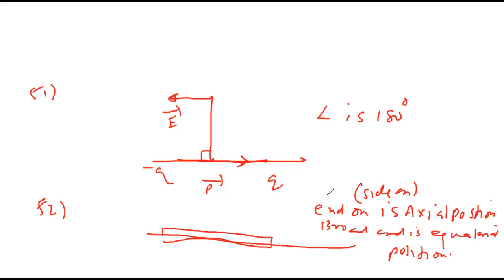So a given charge is situated on electric dipole in end on position, that means on the axis, experiences force F. If the distance of the charge is doubled, then force acting on the charge will be how much? Distance.